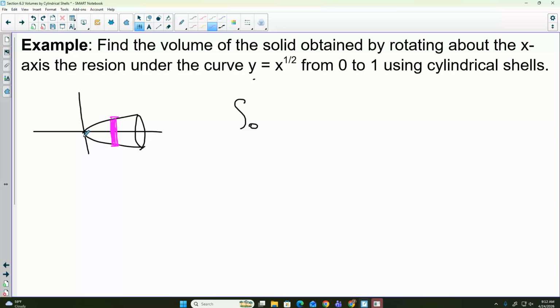If I take your soup can, flip it on its side and unroll it, you have a highest and lowest point. So it's in terms of y, and we need to work in terms of y on this one. If you solve this for y, that means y squared is equal to x. Now we're lucky the 0 and the 1 don't change. If I plug in 0 for x, I get 0. If I plug in 1 for x, I get 1.